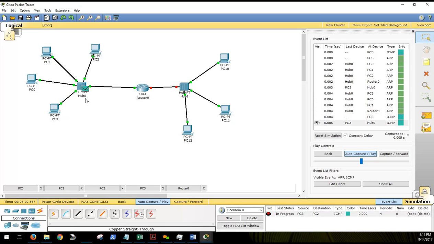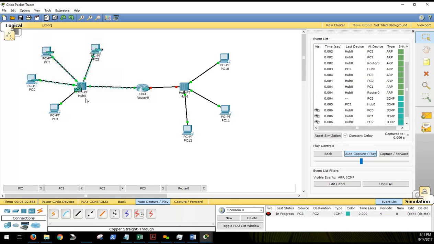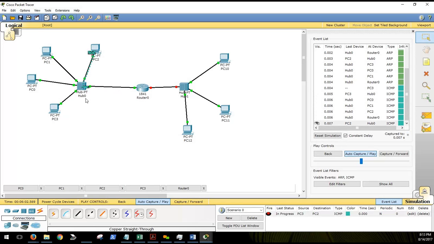And why does it go to the other PCs at the same time? Because of collisions, because it's a hub. Not because of collisions, but because it's a hub. A hub does what? What does a hub do when it receives something? It sends it out.